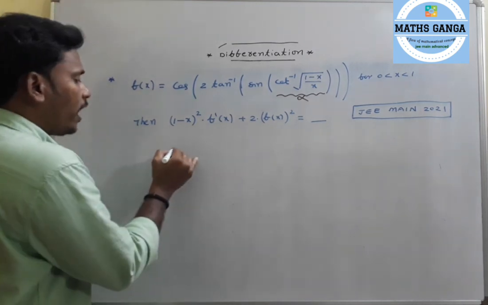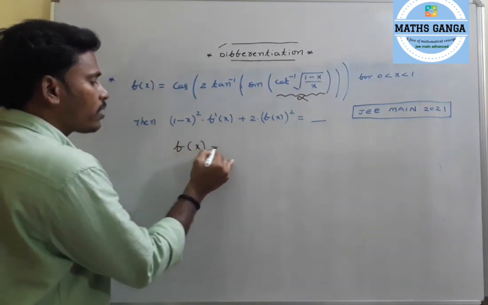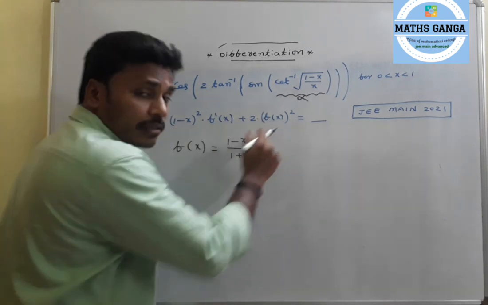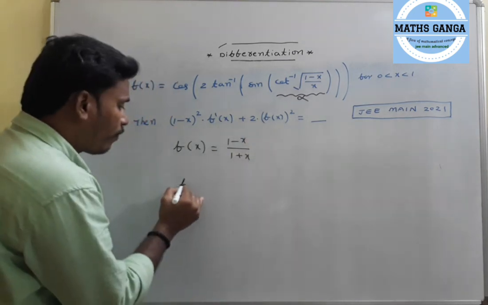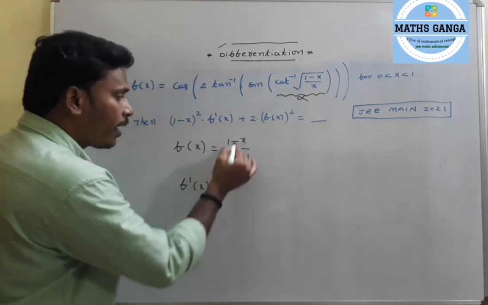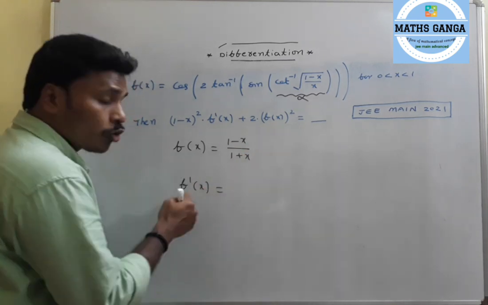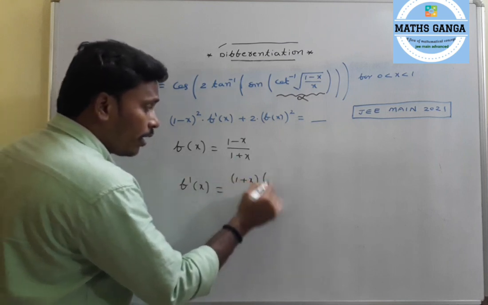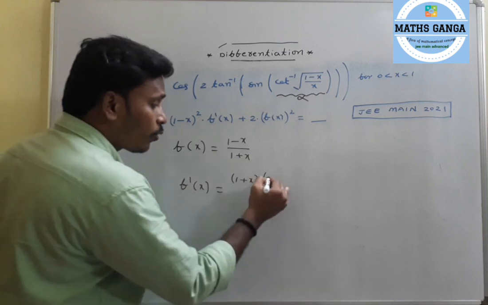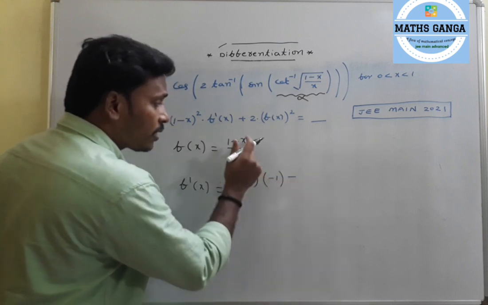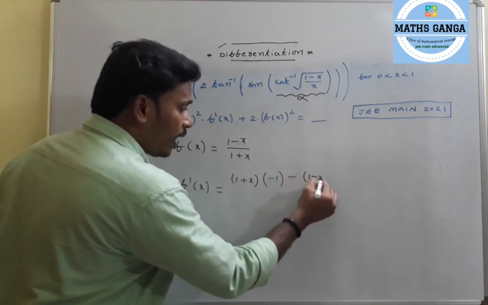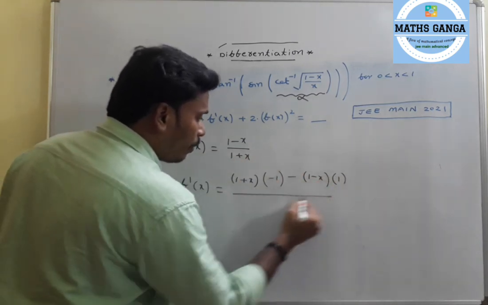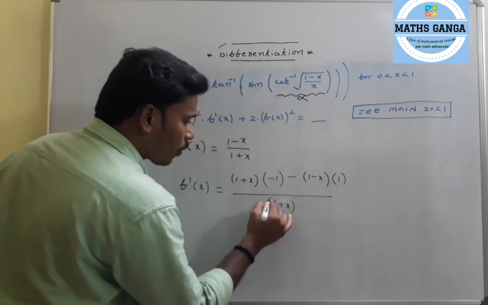So finally, with the ideas of trigonometry, we have f of x is equals to (1 minus x) by (1 plus x). Now we need to differentiate it. So f dash of x is in numerator by denominator form: denominator (1 plus x) into derivative of numerator, which is minus 1, minus numerator (1 minus x) into derivative of denominator, which is 1, divided by (1 plus x) whole square.